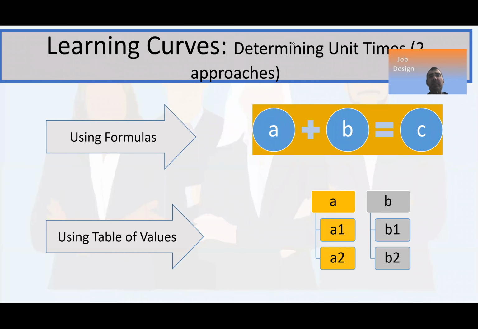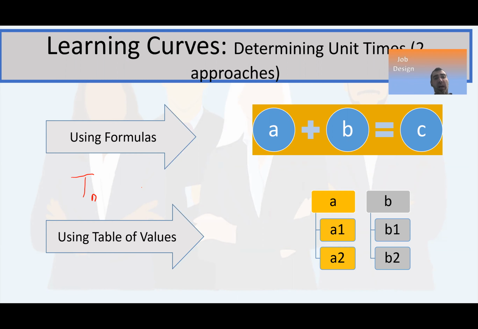The idea behind learning curves for operations management is that we want to know how long it takes to produce some item, maybe the 10th, 20th, 30th item.